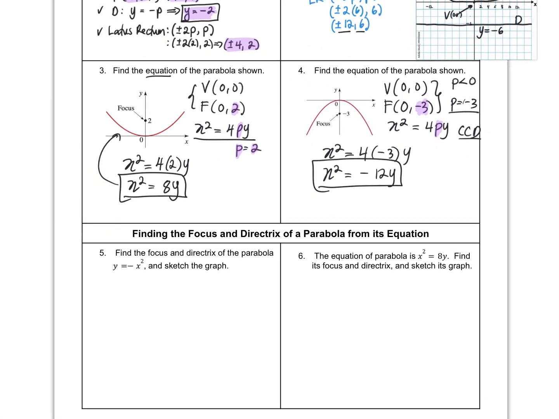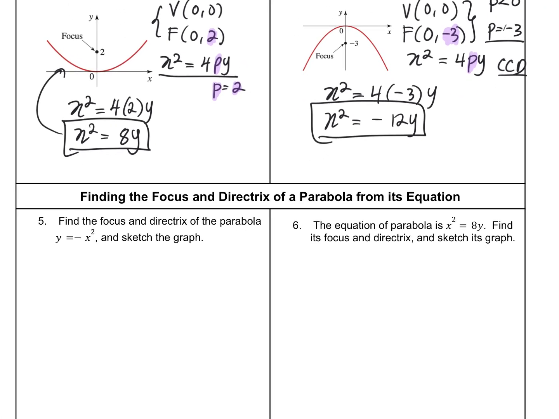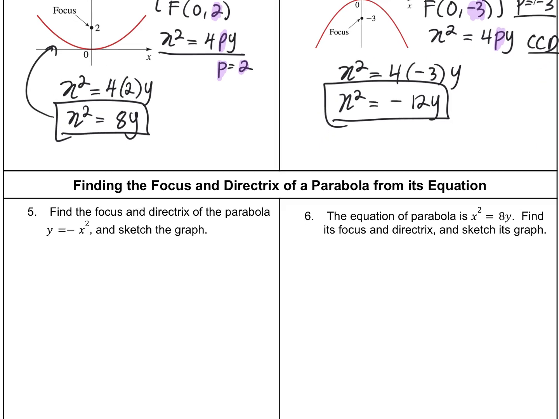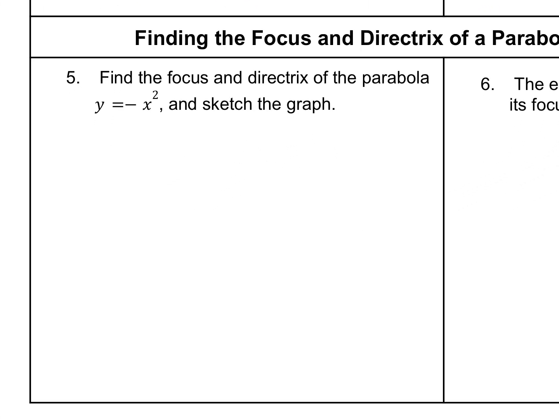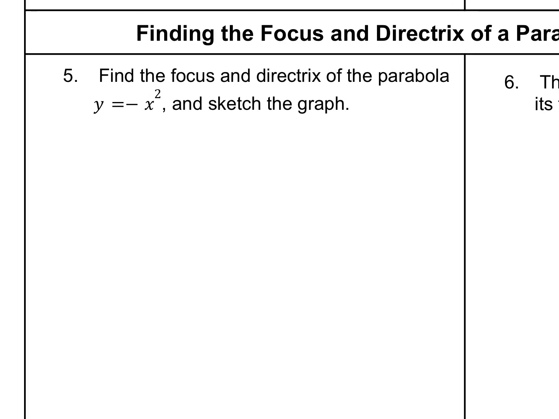Here we're going to be finding the focus and the directrix of a parabola from its equation. Let's go for number 5. Find the focus and directrix of the parabola y is equal to negative x squared and sketch the graph.